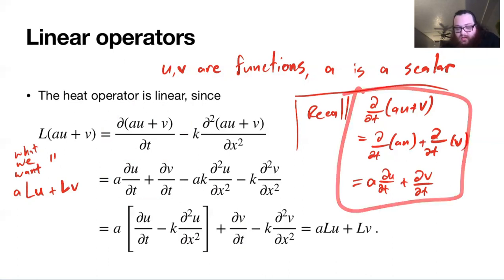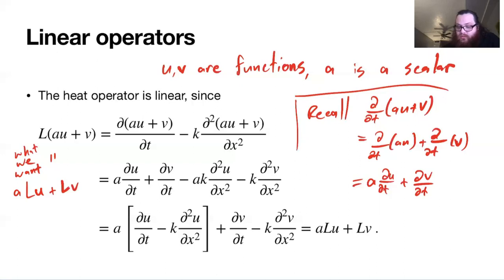Same exact reasoning can be used to show that if we have two derivatives, that operation is linear as well. So these two derivatives distribute over the sum, and then we have a constant A times a function. So if we take two derivatives of the constant times a function, that's equal to the constant times two derivatives of the function. And so all of that is why this is equal to this whole thing right here.